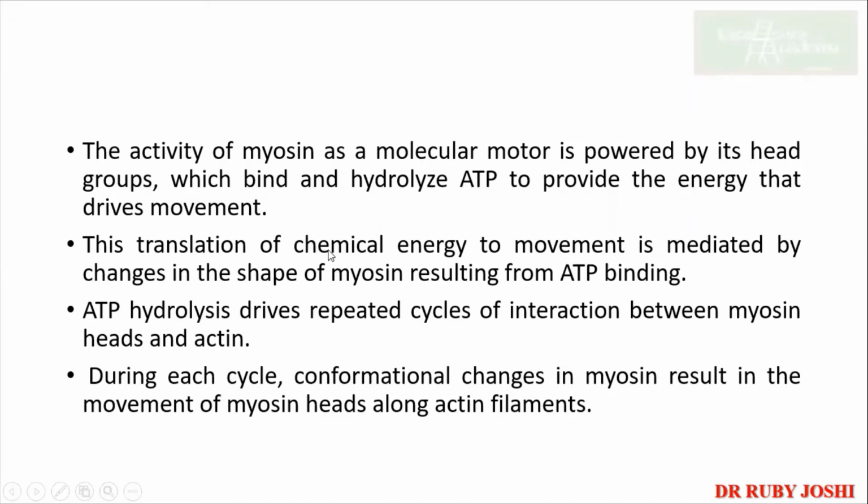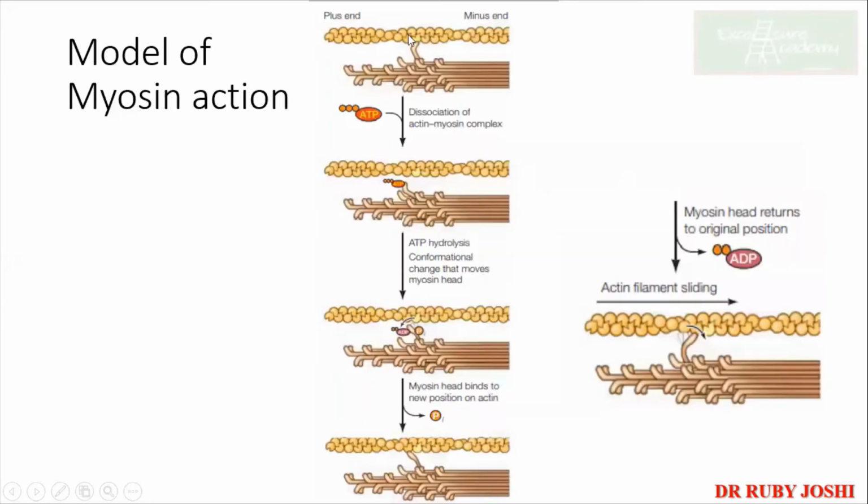We know that whenever ATP hydrolysis is happening, there is always a conformational change, or some structural change of the protein. So during each cycle, conformational change in myosin results in the movement of the myosin head along the actin filaments, which results in the shortening of the actin filaments. Okay, let's see how.